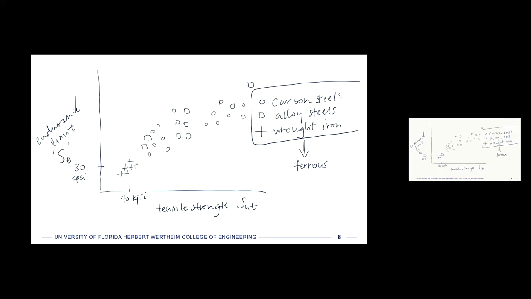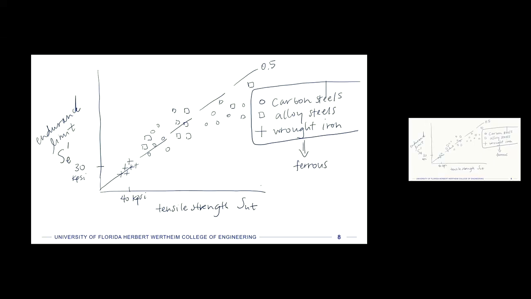We find that the carbon steels and the alloy steels kind of overlap, and so we can draw a dashed line through all of them. I didn't draw the data points exactly great here, but if we draw a dashed line through all of them, we find a correlation of about a half. So that would be the slope of that line.